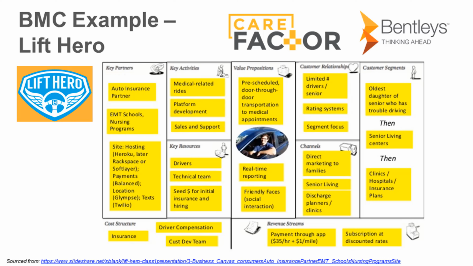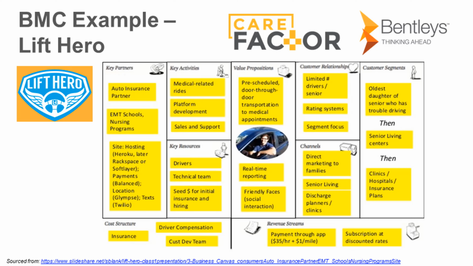Key customers: first of all, the oldest daughter of the senior who has trouble driving, then the seniors living in the centres, and then clinics, hospitals and insurance plans. So you can see an ordering of customer segments there. The channels that they reach these customers have been through direct marketing to families, senior living centres and the discharging planners at clinics within the hospitals.